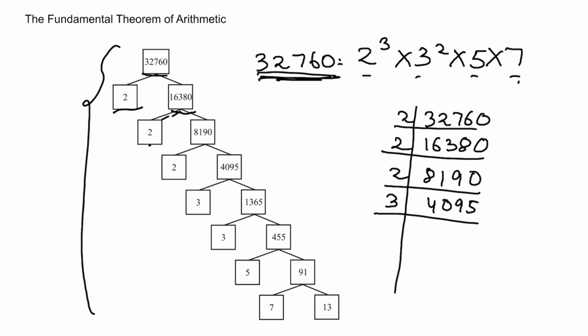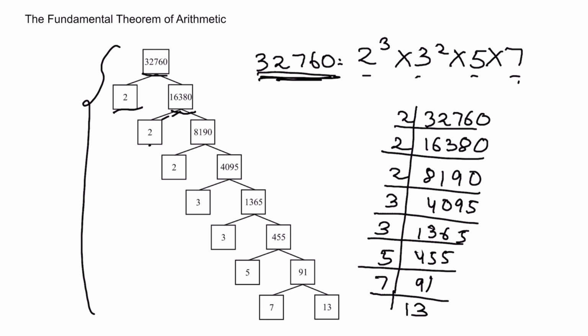This time by 3 would give us 1365. Once again by 3 would give us 455. This time by 5 would give us 91, and at last by 7 would give us 13. So here again 2 is 3 times being repeated, 3 is 2 times, 5 is 1 time, and 7 is 1 time. So both of the ways, whichever you are comfortable with, you can do in the examination.